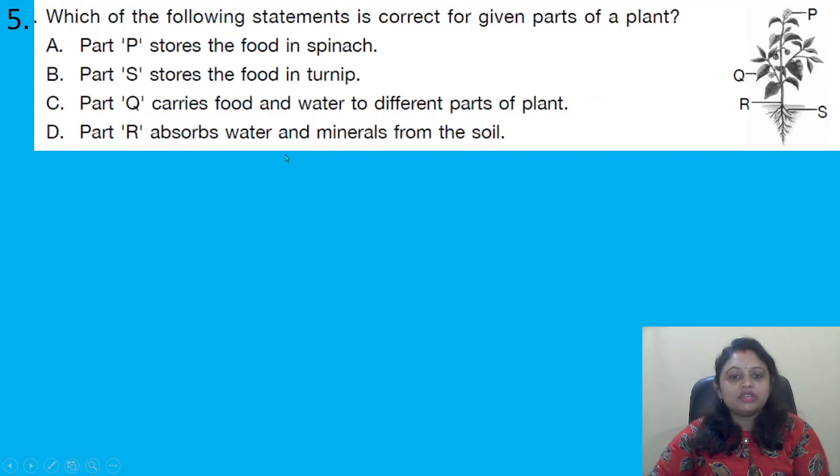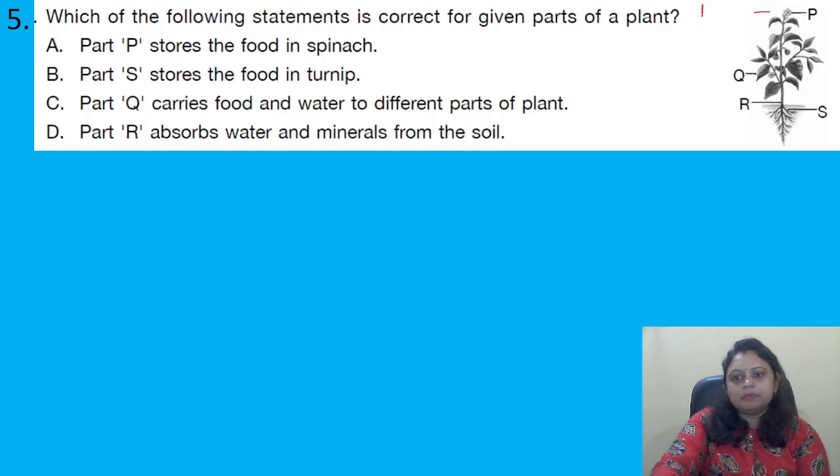Coming to the next question. Which of the following statements is correct for the given part of a plant? Option A, part P stores the food in spinach. B, part S stores the food in turnip. C, part Q carries food and water to different parts of the plant. D, part R absorbs water and mineral from the soil.